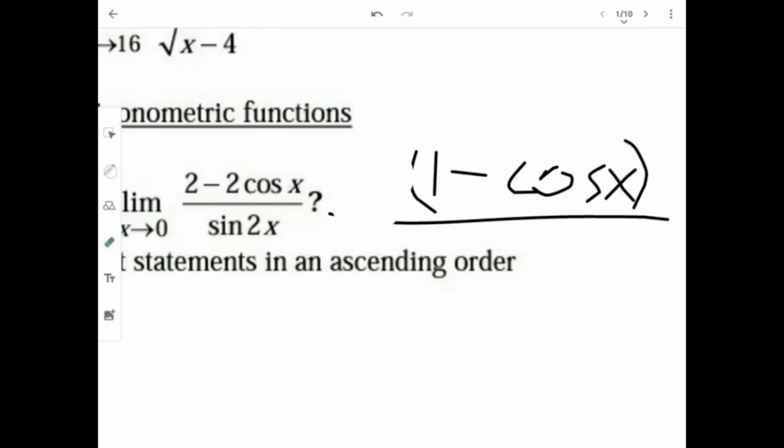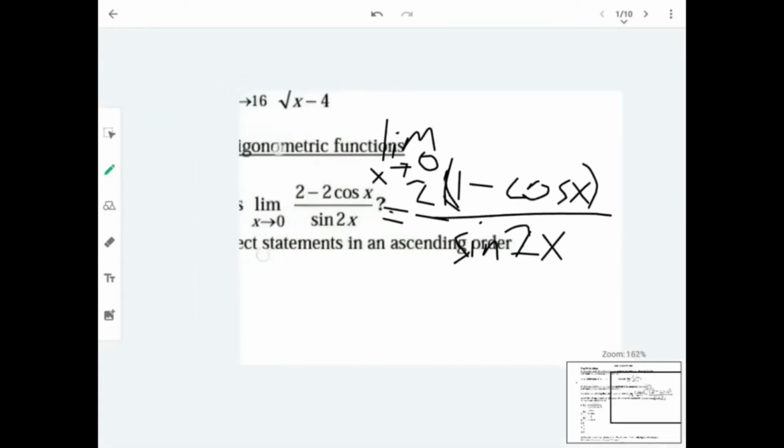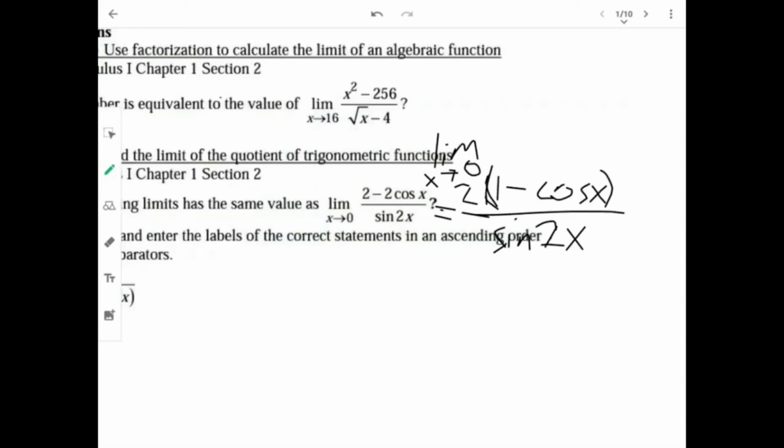So you just distribute the 2 outside. Let me make that clearer. Okay, now remember, in written exams, always remember to put the limit if you haven't simplified it yet. Okay, so now what you need to do to get sine in the numerator is multiply up and down by 1 plus cosine x.